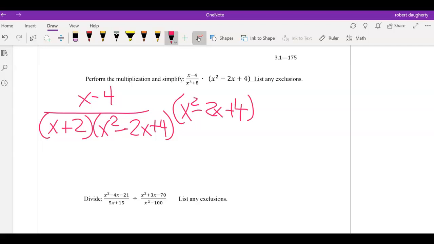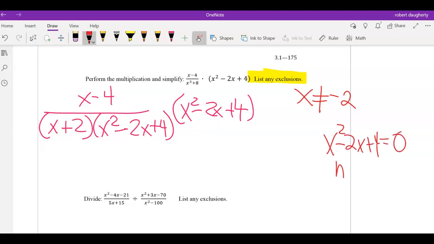Now, what are all the exclusions? The exclusions are where the denominator cannot be 0. So I know that x cannot be negative 2. Now, if I set that quadratic equal to 0, remember when we factor the sum or difference of cubes, the quadratic has no real solutions. It's only complex. So if I set x squared minus 2x plus 4 equals 0, this has no real solutions.